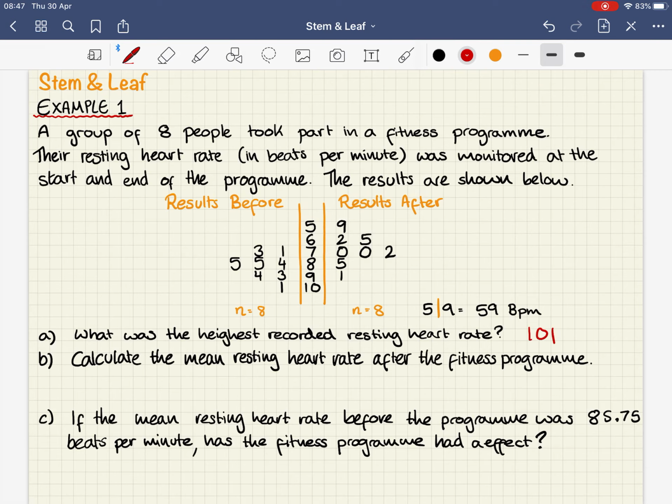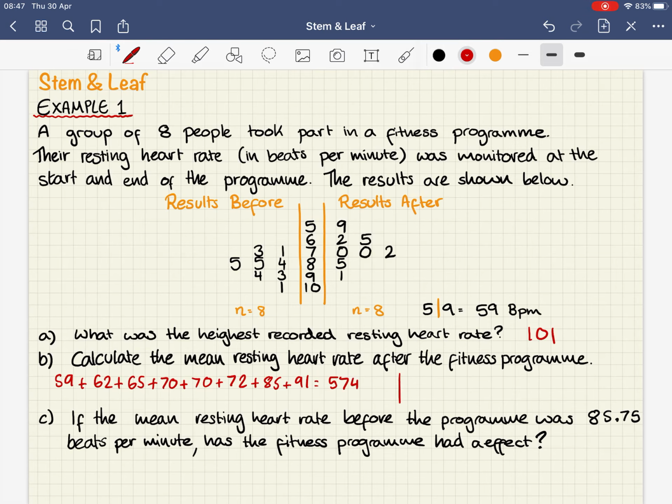Calculate the mean resting heart rate after the fitness program. So mean, you need to add up all your values first. So I'm going to be doing that: 59, add 62, add 65, add 70, add 70, add 72, add 85, add 91. And when you do that, that comes out to 574.